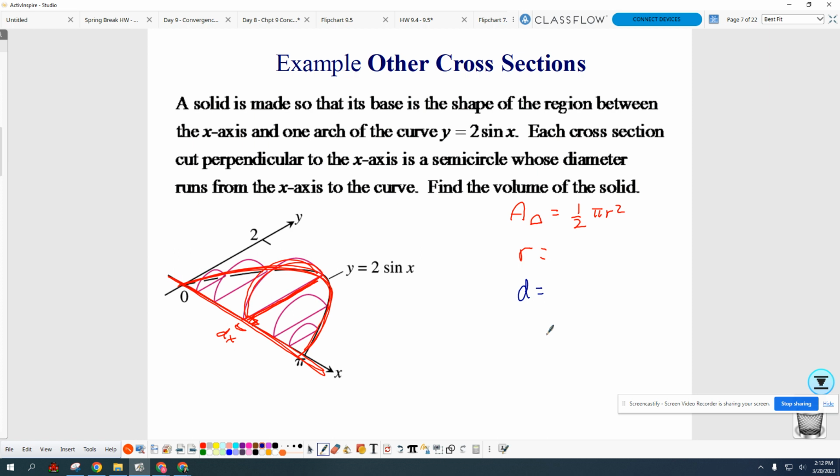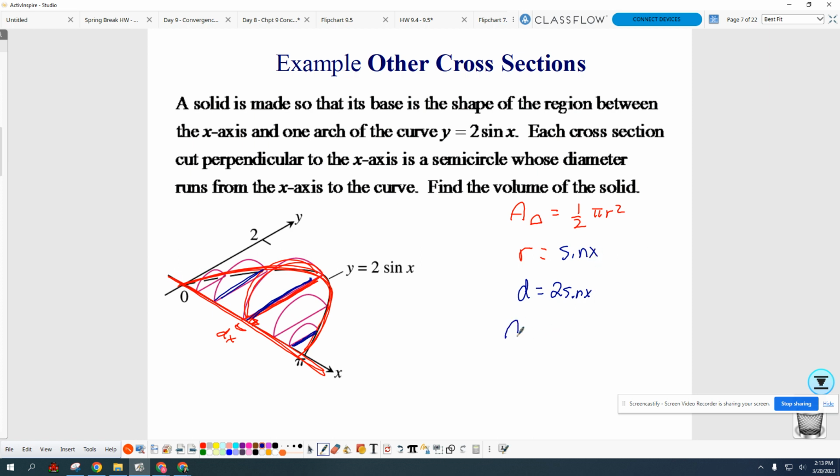Because the diameter here is different than the diameter in the middle, which is different from the diameter on this part. The diameter is 2 sine x minus 0, so it's just 2 sine x. If the diameter is 2 sine x, what's the radius? Just sine x.